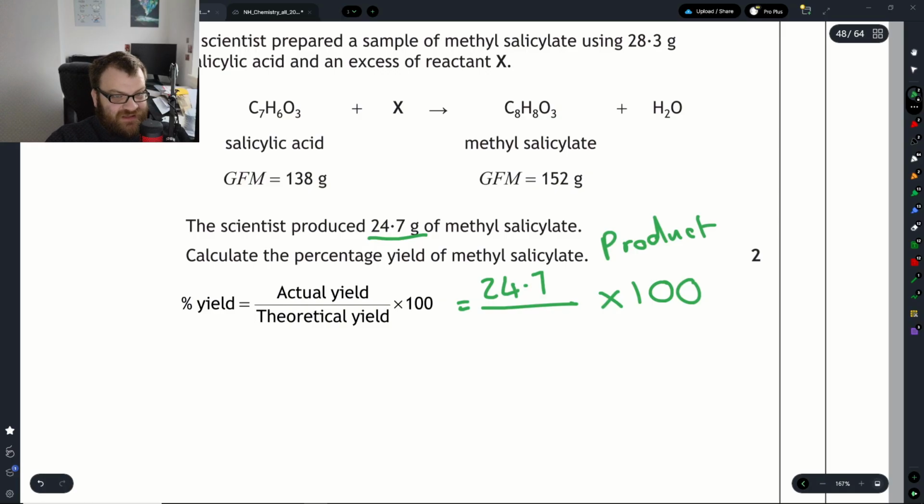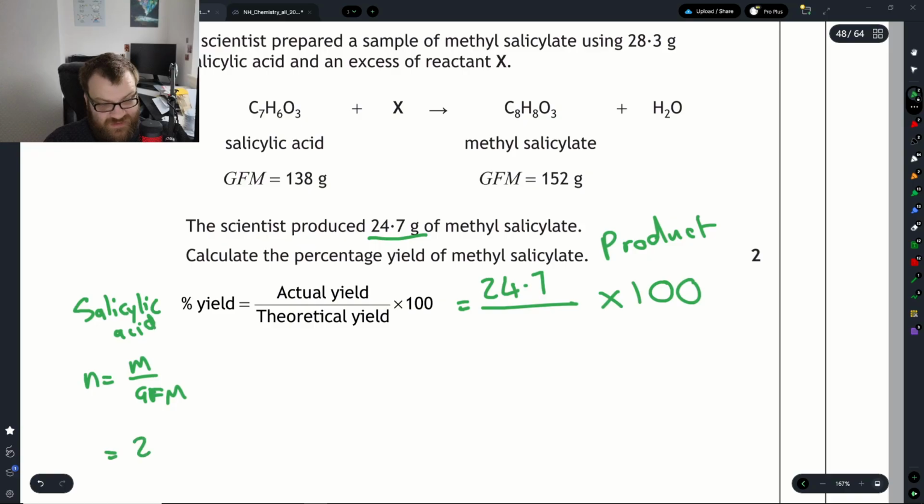Salicylic acid is our reactant chemical that we've got, so we're going to use that to try and work out how much we should make of the ester, the methyl salicylate. First thing I'm going to do is n equals m over GFM for the acid.